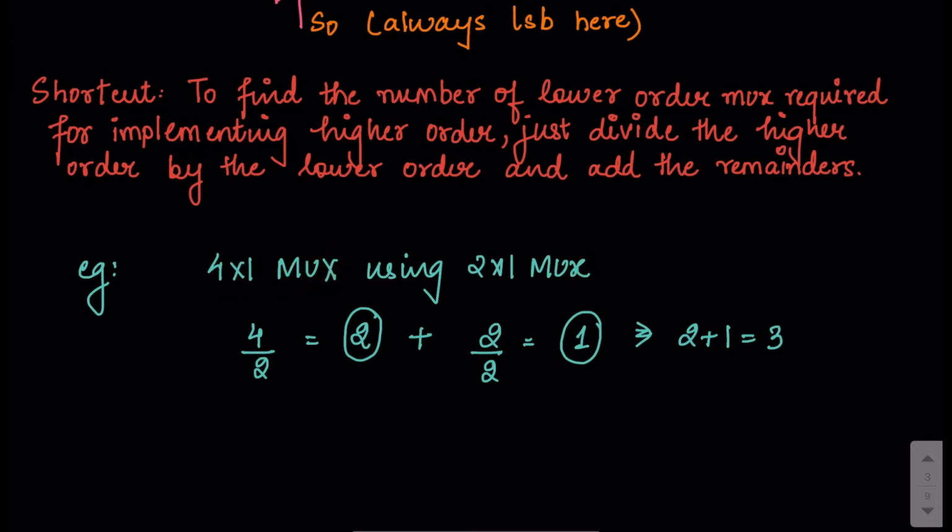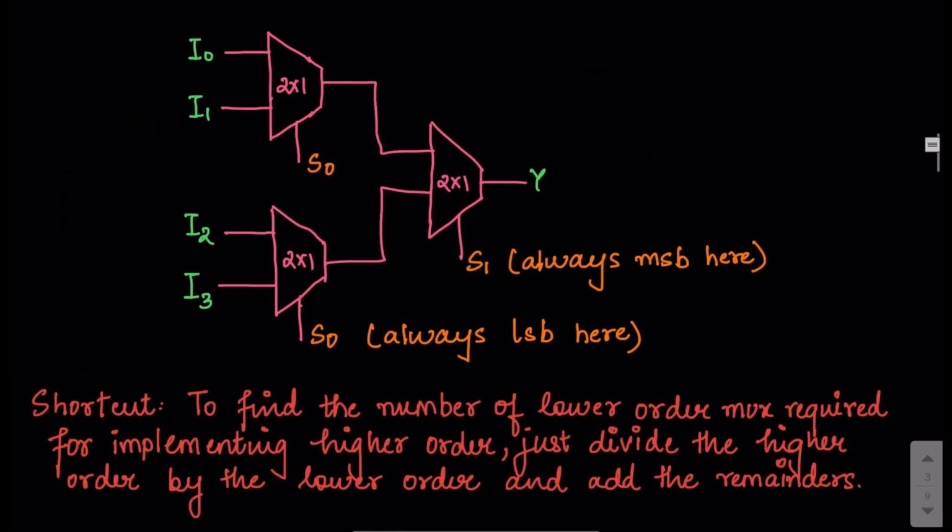We'll start dividing 4 with 2. So this is the higher order, this is the lower order. Obviously you will get 2 at the first stage. Then again dividing 2 by 2 you will get 1. So stop here when you get 1. Now just add these two numbers, 2 plus 1, which is 3. And obviously we just saw the network. We know that 3 2 cross 1 mux are required in order to implement one 4 cross 1.